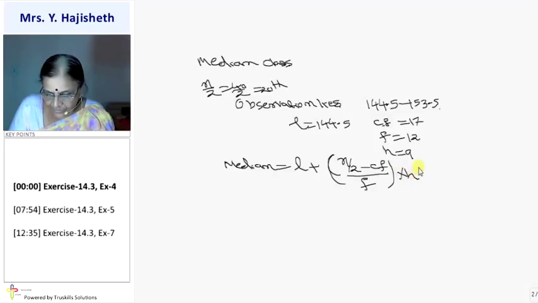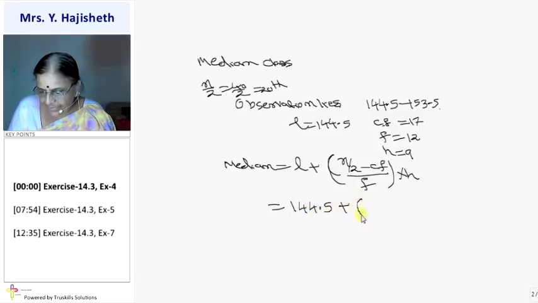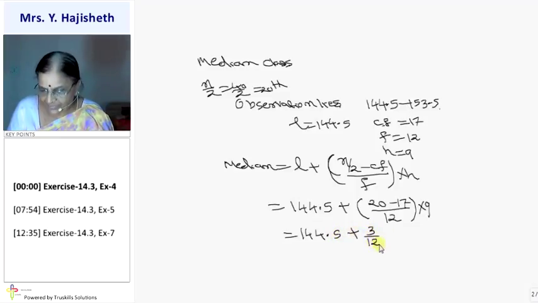So it is 144.5 plus (n by 2, that is 20, minus 17) upon 12 into 9. Class length is 9. So it is 144.5 plus 3 by 12 into 9, since 20 minus 17 is 3. 3 3s are 9, 3 4s are 12.